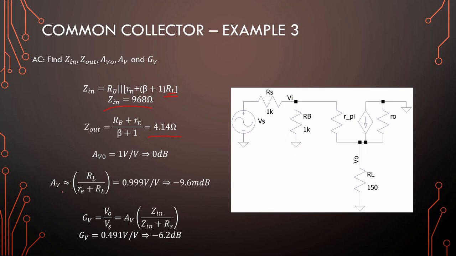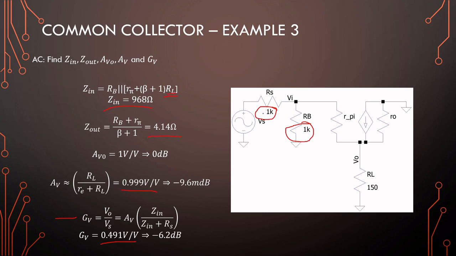Okay, AV is now R load over RE plus R load. No more emitter resistor to worry about, and this is now closer to being 1 volt per volt. The problem again in this problem is we have a 1K source resistor and 1K input impedance, and our input is halved due to this.